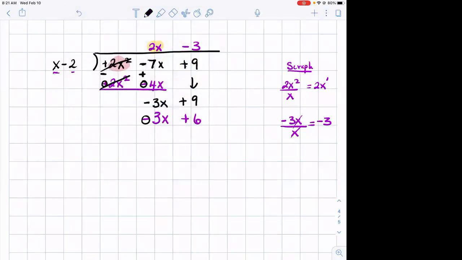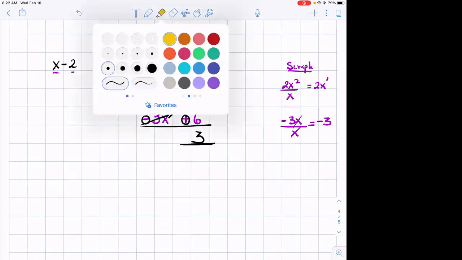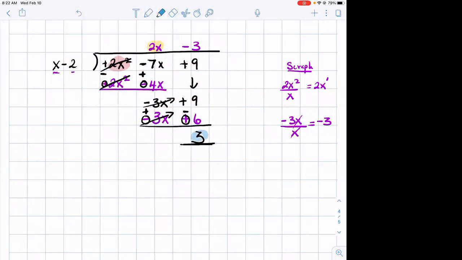This minus is going to change to a plus, and this plus is going to change to a minus. If we do this, we have 9 minus 6, which is 3, and this minus 3x will cancel with that plus 3x. There is nothing else to bring down, so that 3 is my remainder.